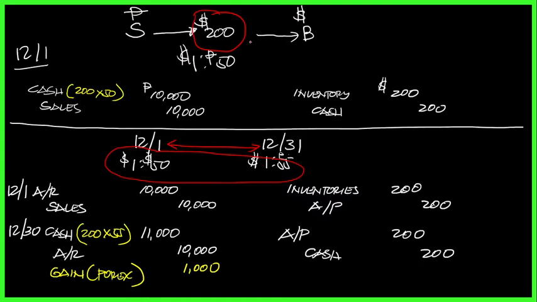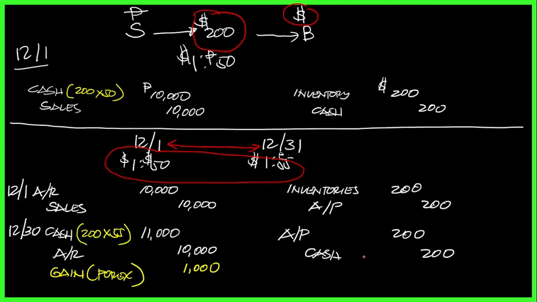But if the transaction is denominated in the reporting currency, there will be no gain or loss. This is contrary to some discussions found in some books, that if the seller recognizes a gain, then the buyer is going to recognize a loss. It doesn't follow.